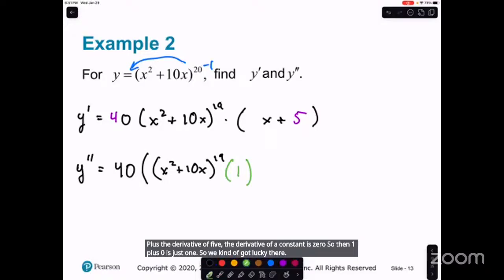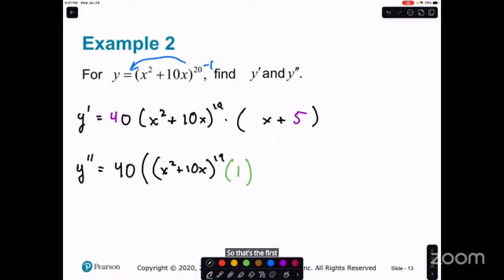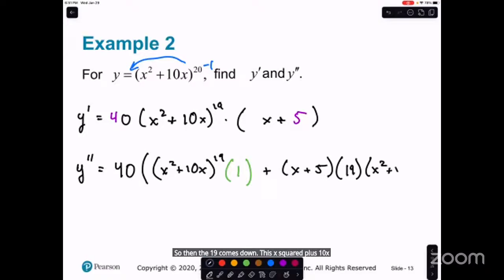So that's the first times the derivative of the second plus the second times the derivative of the first. Okay, so it looks like we got to do the chain rule again. So then the 19 comes down. This x squared plus 10x persists. That's now an 18.